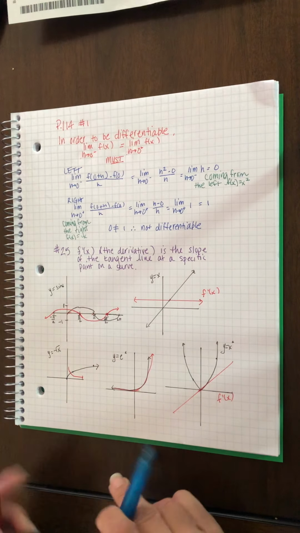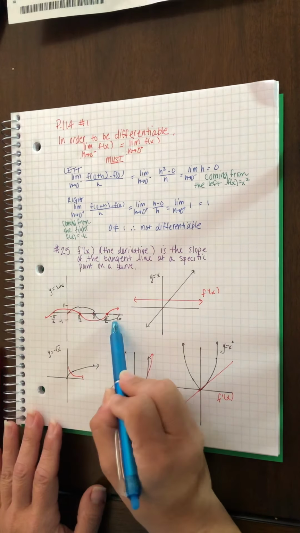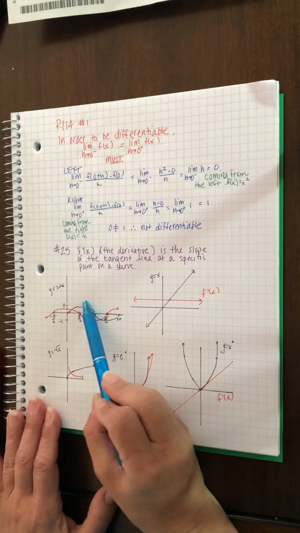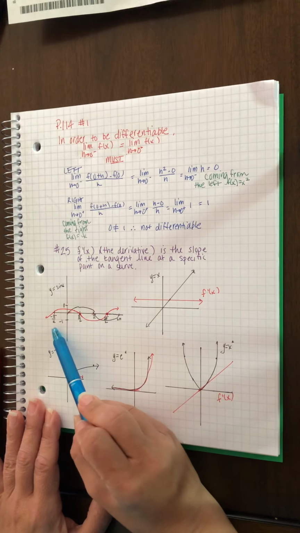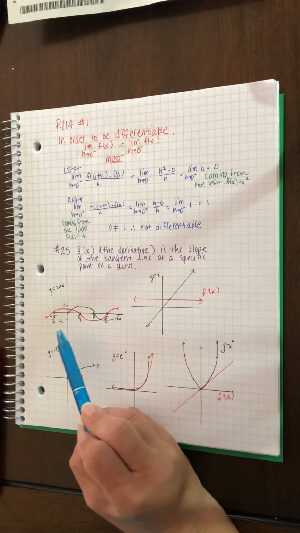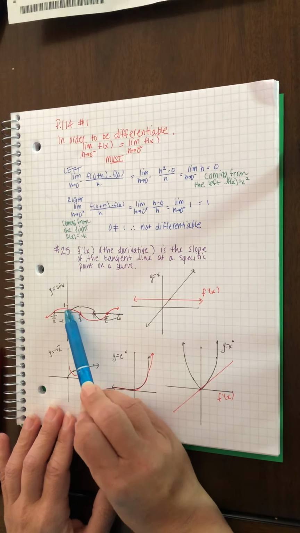If you look from 0 to pi over 2, remember I drew the functions in black. From 0 to pi over 2, the slope of the tangent is positive. So in red, from 0 to pi over 2, positive.